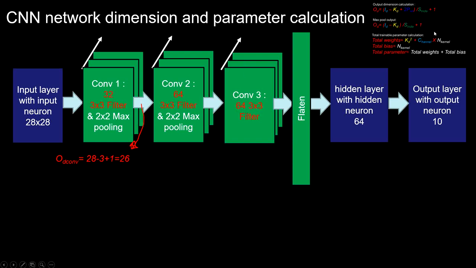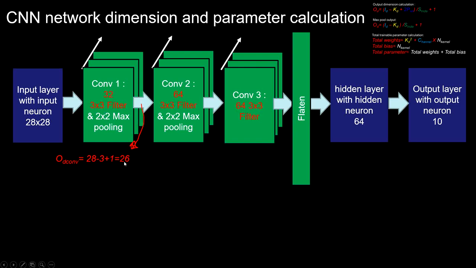In this case we don't have any padding, so padding will be equal to 0, and because we don't skip anything, stride will be equal to 1. So you are left with input minus kernel plus 1. So for the first convolutional layer, after we perform the convolution, the output dimension will be the input 28 minus your kernel 3 by 3, minus 3 plus 1.